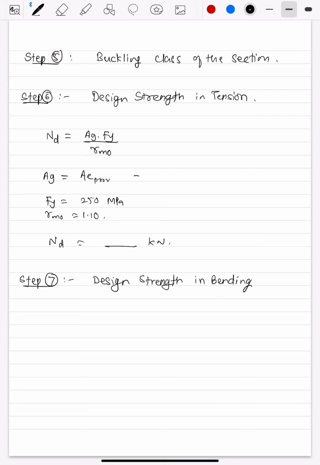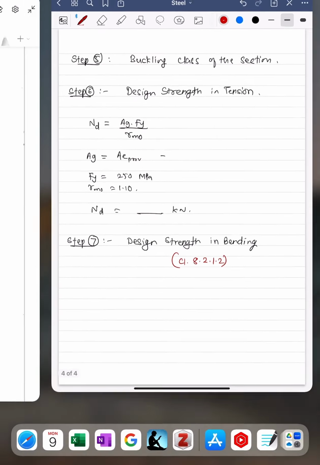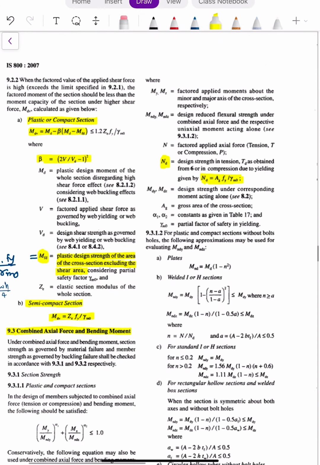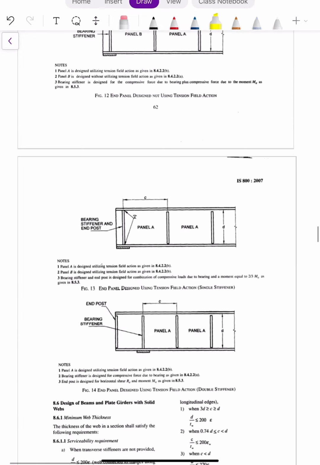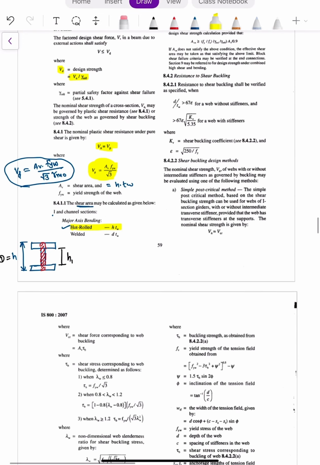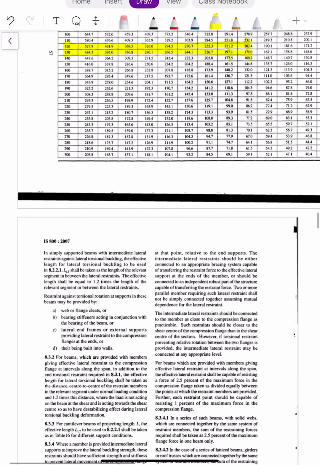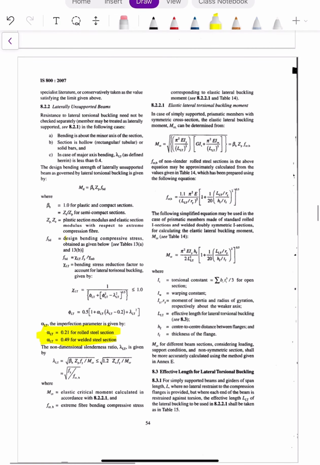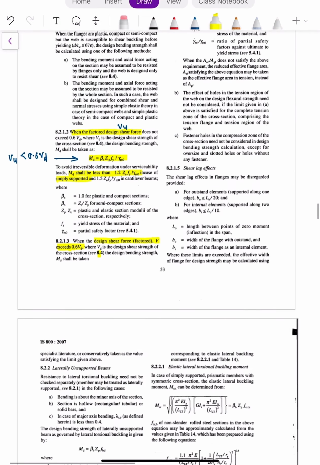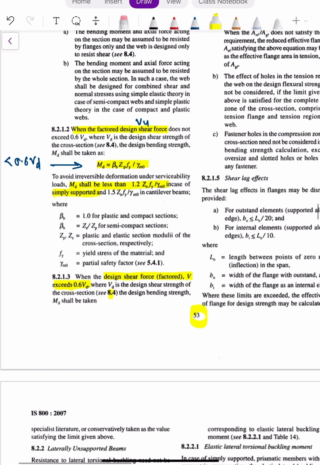Go for design strength in bending, and the equation for design strength in bending is given by clause 8.2.1.2. So you need to go to the IS code, page number somewhere around 53.